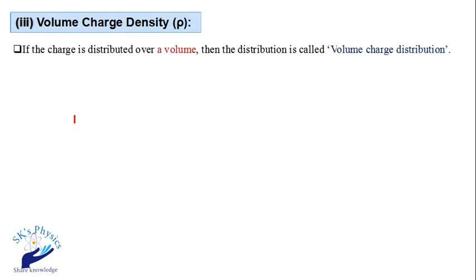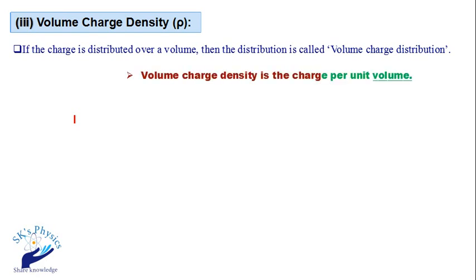Now third, volume charge density rho. If the charge is distributed over a volume, then the distribution is called volume charge distribution. Volume charge density is the charge per unit volume.